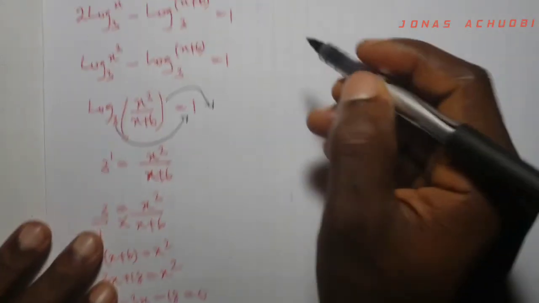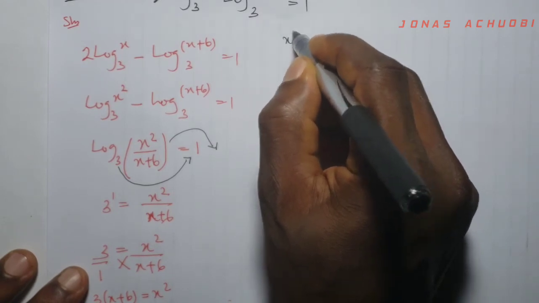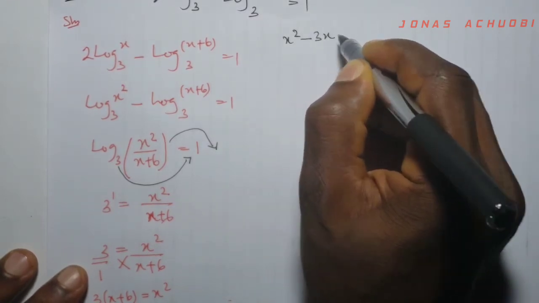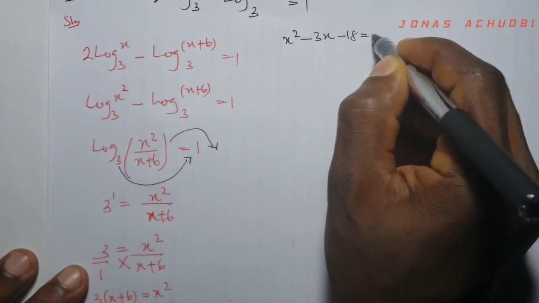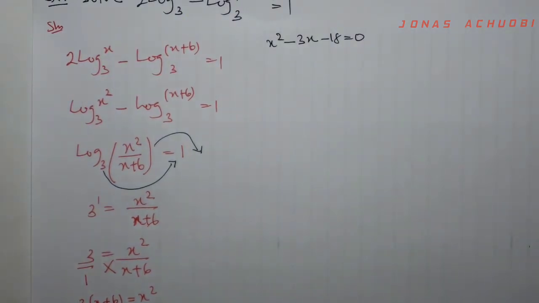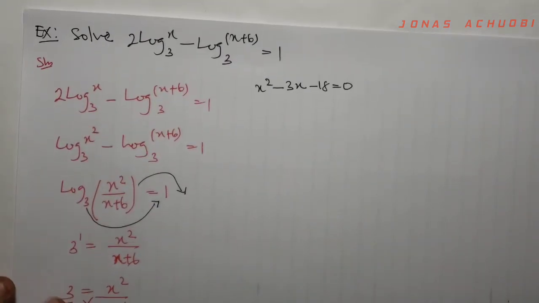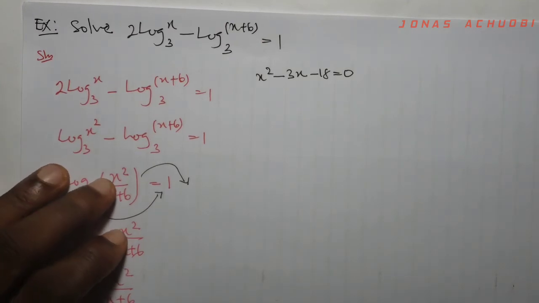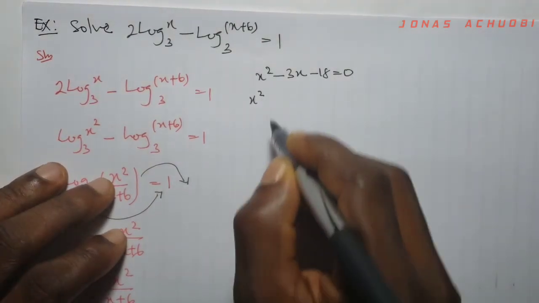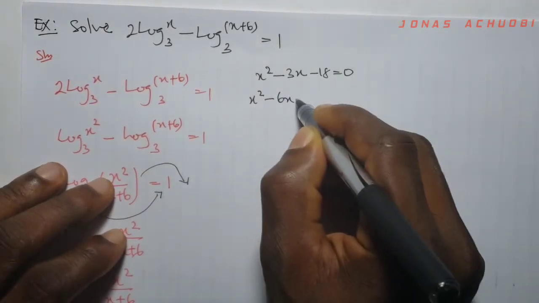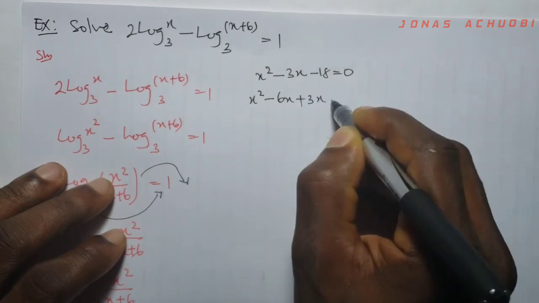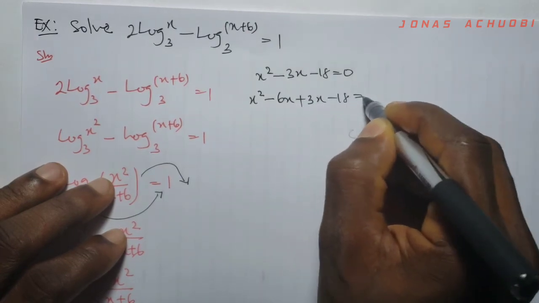So I now have quadratic equation x squared minus 3x minus 18 equal to 0. That should be solved. And once again, I want to apply the method of factorization since I can get factors. So that becomes x squared minus 6x plus 3x minus 18 equal to 0.